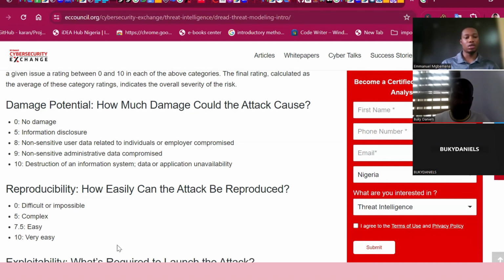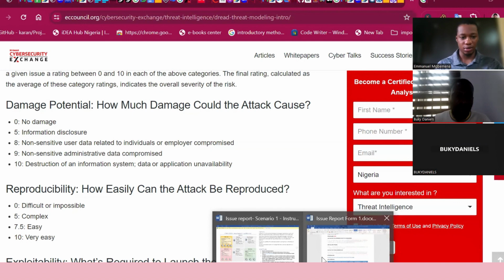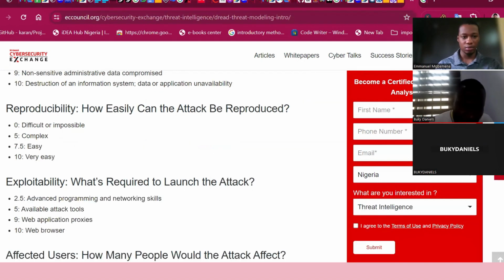I think what I was talking about is exploitability, or we can give it 10. For reproducibility, they have difficult, impossible, complex, easy. So it's between complex and easy. So 7.5, because two things are involved here. If you're not an ethical hacker and you don't have access to the physical environment, it's going to be difficult.